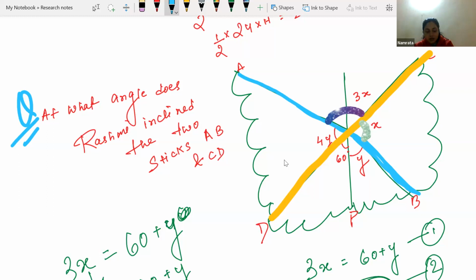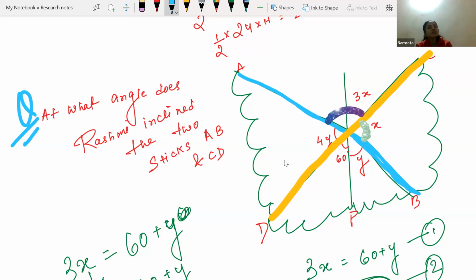Is any information given at the beginning of the question? No, ma'am. This question, like a story, is not given, that Rashmi is doing this and that, and she is just taking two sticks trying to make something. This type of story used to be given, and then we just have the question, right?